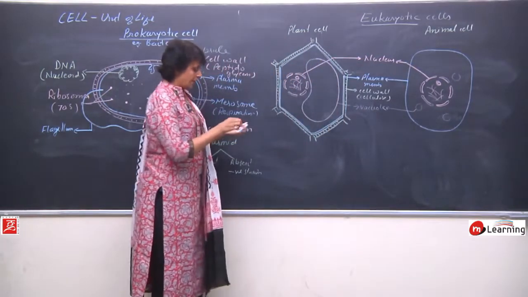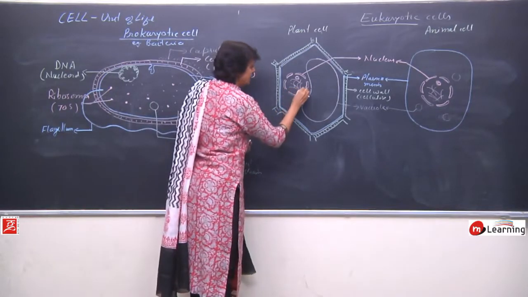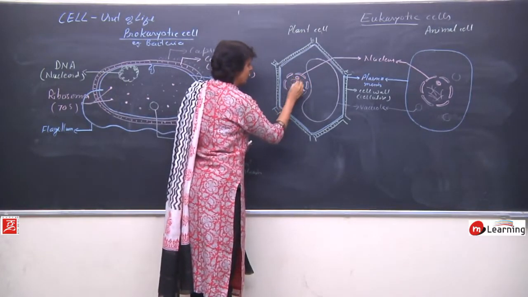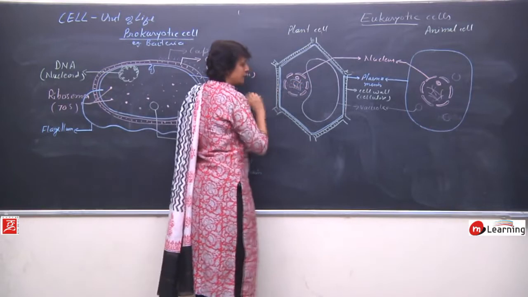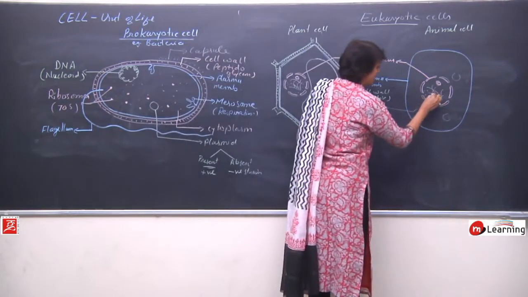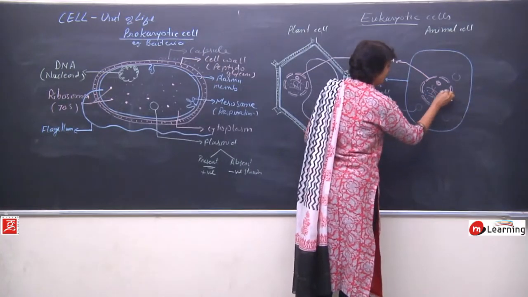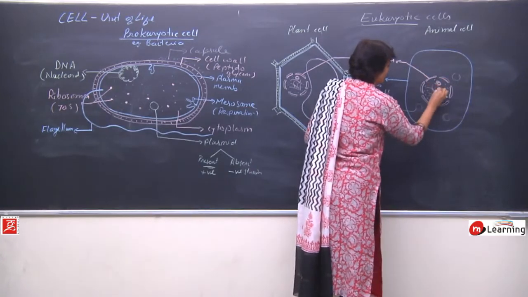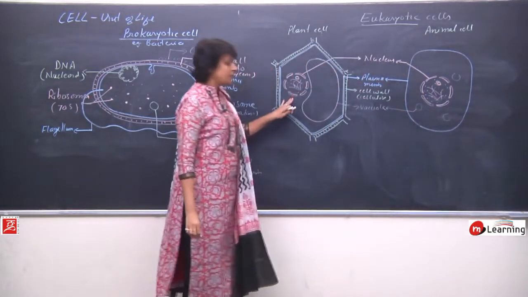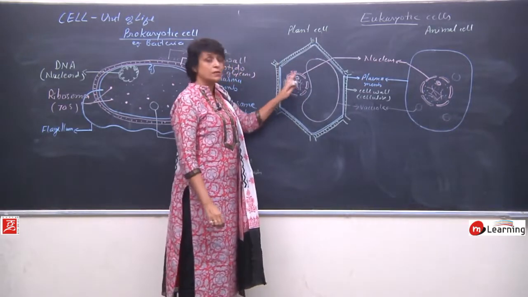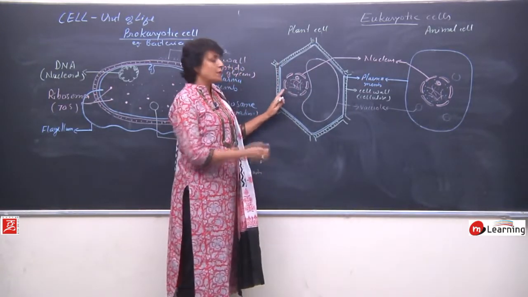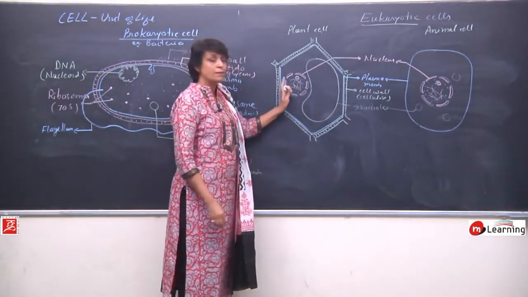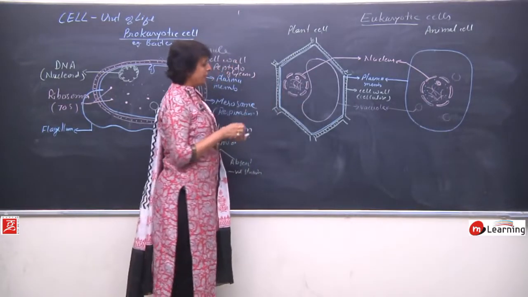Chromatin fibers. Now inside the nucleus there is again a fluid which is known as nucleoplasm. Here also nucleoplasm. So in plant and animal cell the basic structure of nucleus is same because it is a typical eukaryotic cell with a distinct defined nuclear membrane and all other organelles.